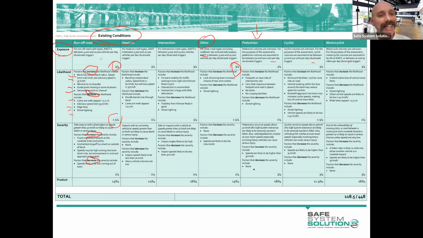You go, yeah, okay. The warning sign on the approach to the intersection, I'll put that in there as one of the factors that decreases, but I'm only going to say that at most that's going to be a 0.5 reduction. And then maybe they say, well, we're going to put 2 warning signs, one on each side of the road.